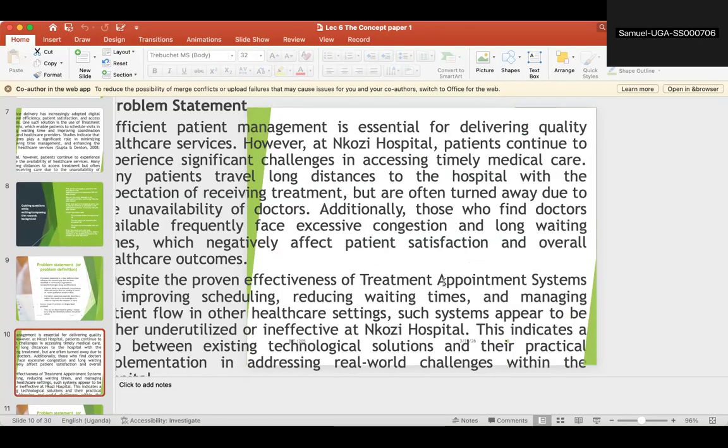And now, you read for us that problem statement.